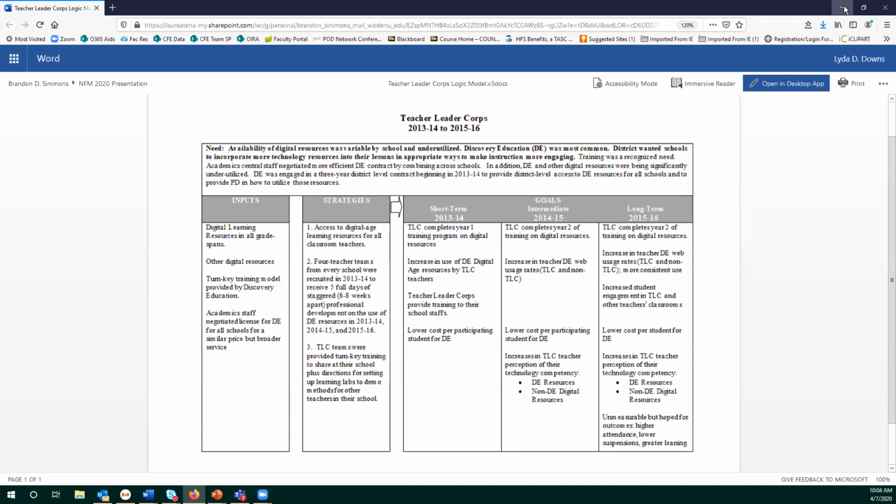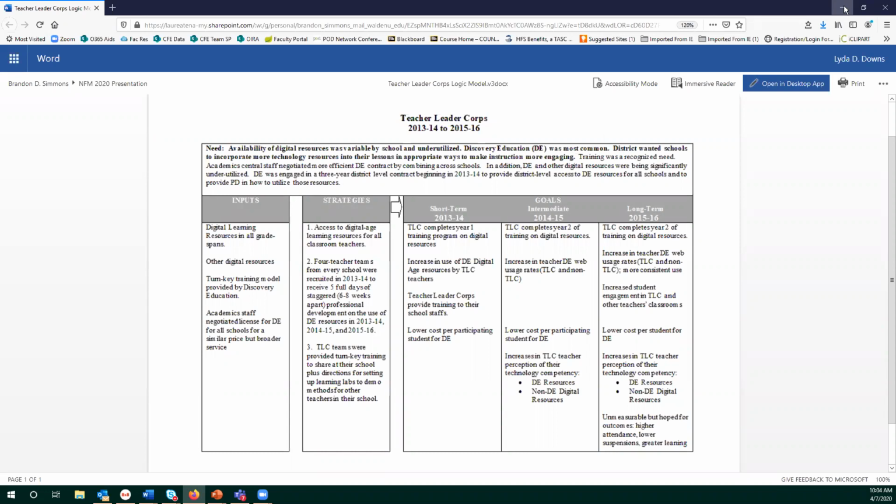And so as we look at the short-term goals or impact, you can see that one of them was that the first year, the teachers would complete the first year of training. Hopefully we would see an increase in use of resources, and that our teachers were providing training to their school staffs.